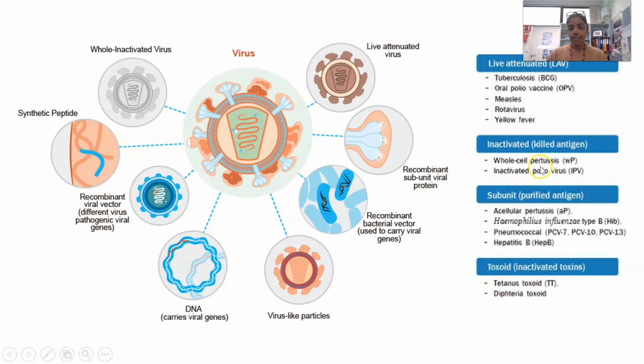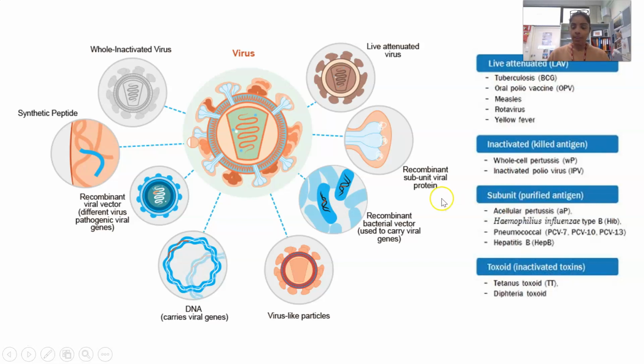The third one is the subunit or purified antigen vaccine. So pneumococcal, hepatitis are the more common ones. If you've ever been to countries in Asia, you may have had one of those vaccines. So a subunit vaccine, that is where we manipulate the DNA.